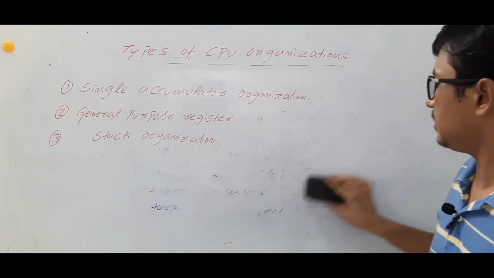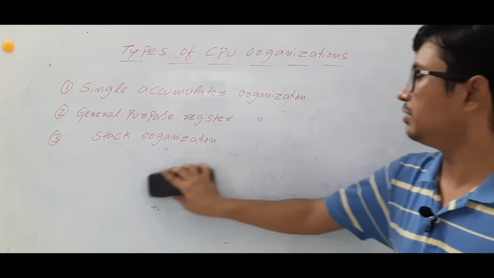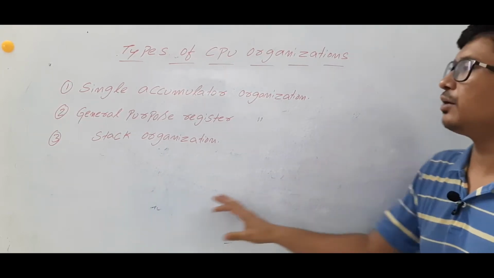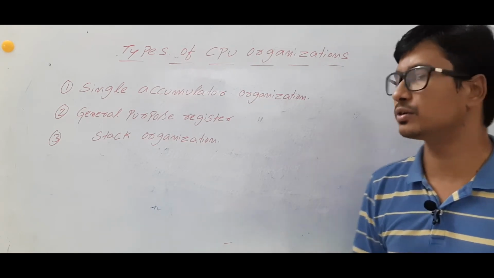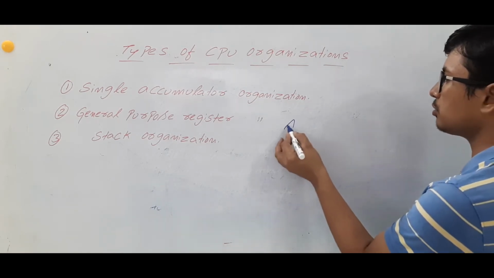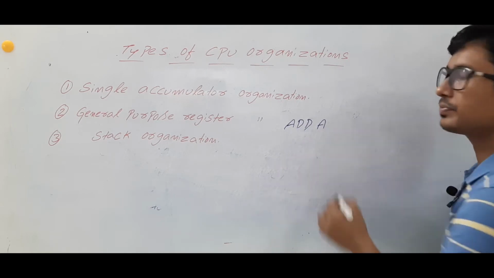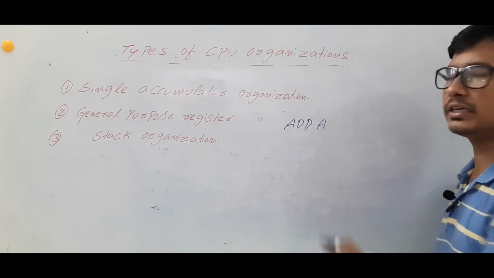In a single accumulator organization, we will have only the accumulator and the special purpose registers. Then how will the instructions be executed? Suppose you want to perform add A. This is one instruction.